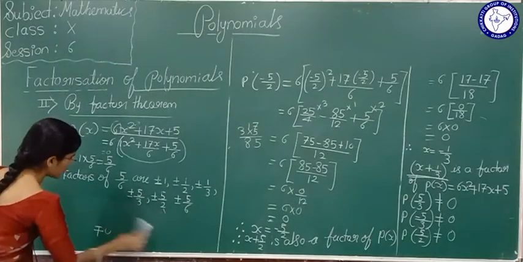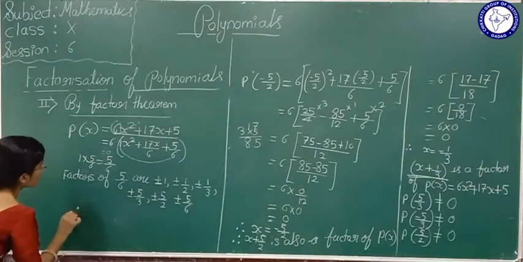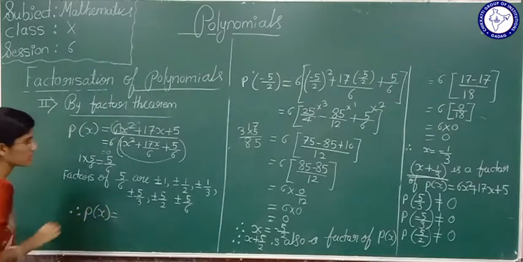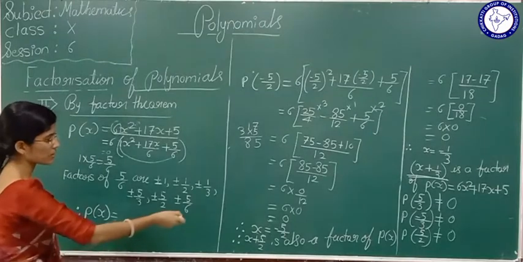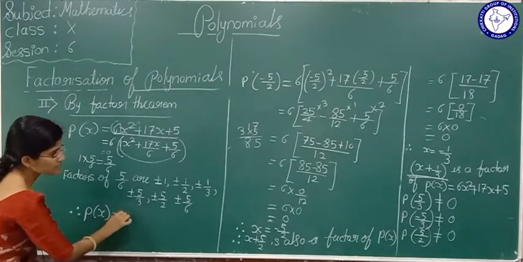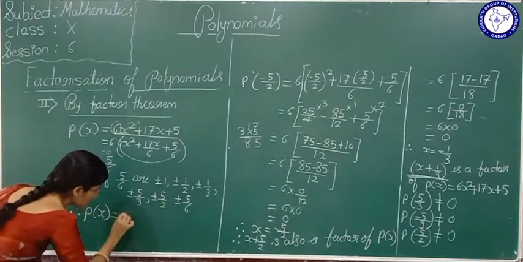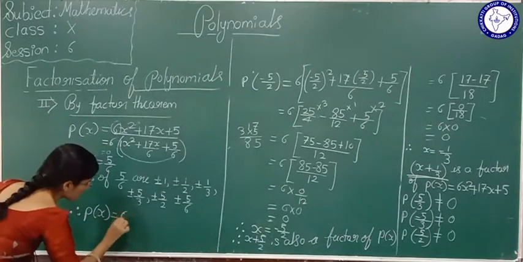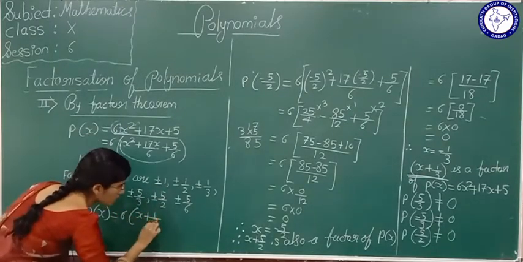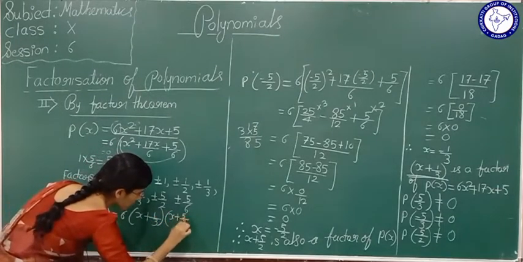Now see here, what factors did we get? We will write here. Therefore p of x is equal to, what are the factors we got? That is nothing but 6 into x plus 1 by 3 and x plus 5 by 2.